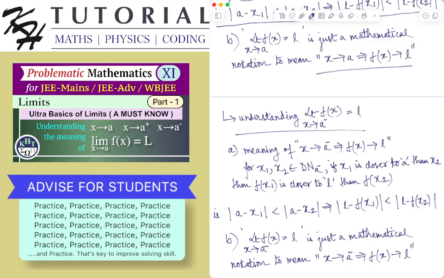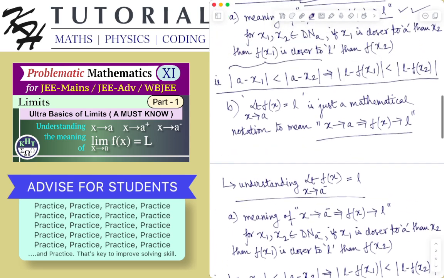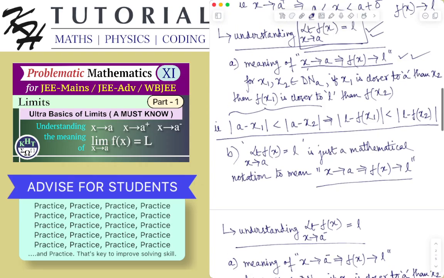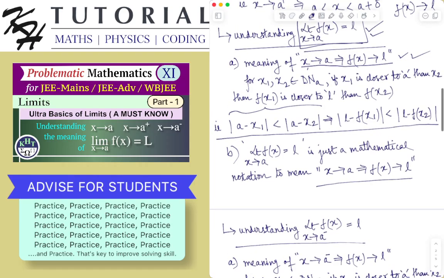The meaning is exactly the same as the limit of f(x) as x tends to a. It is only that in this case we are only considering any value of x which is just a little less than a, that is, in the left deleted neighborhood of a.